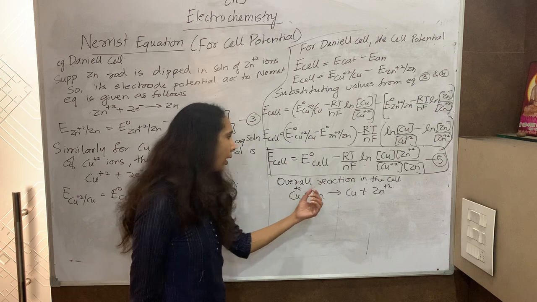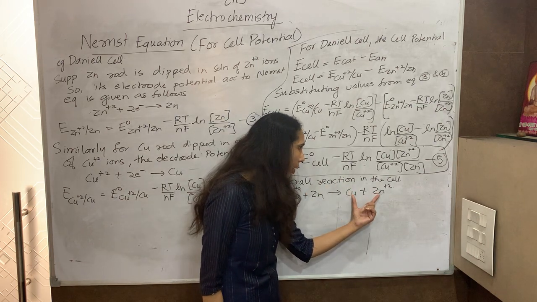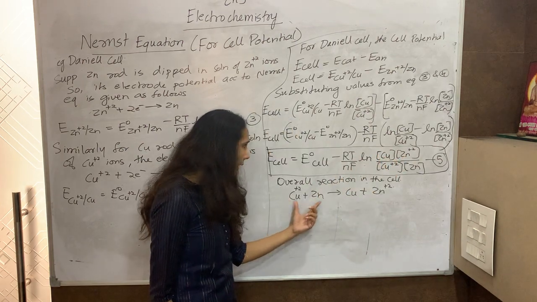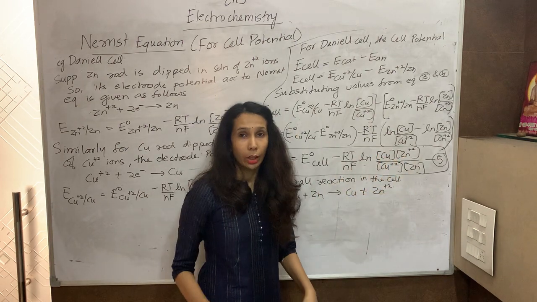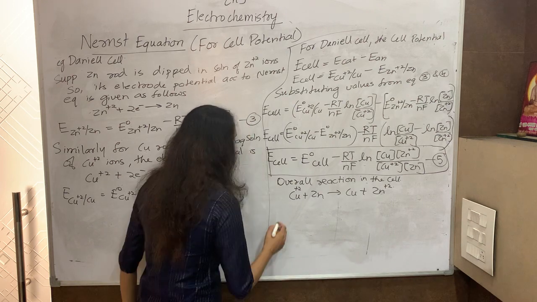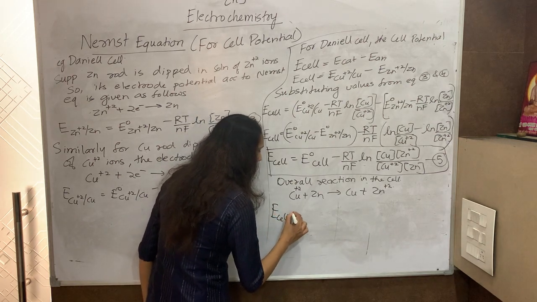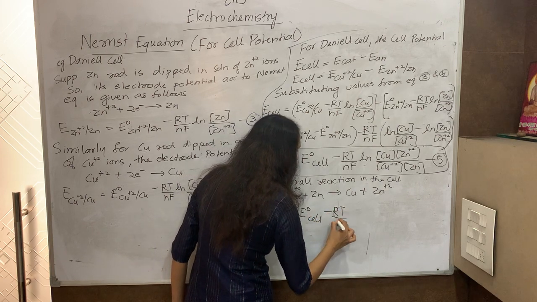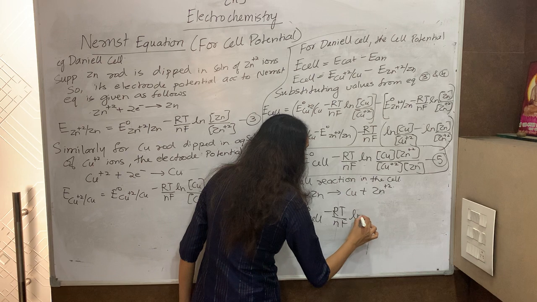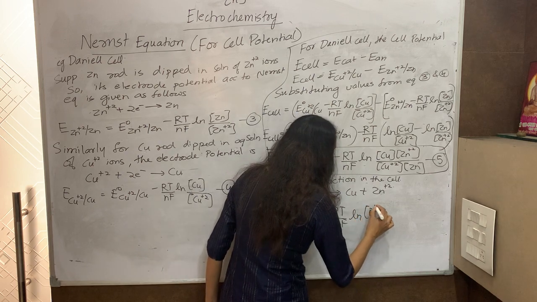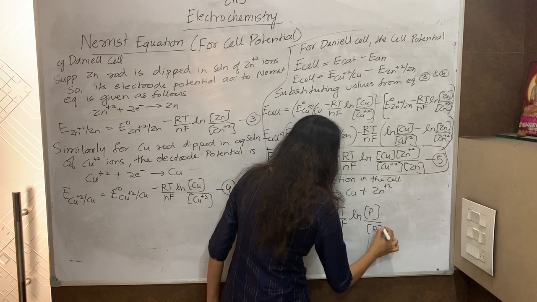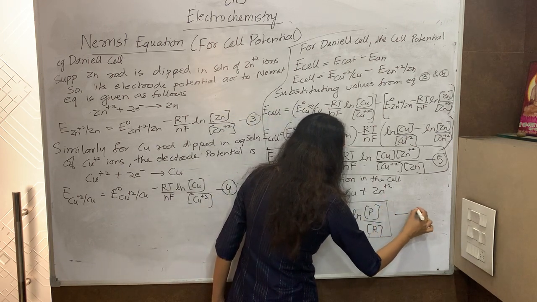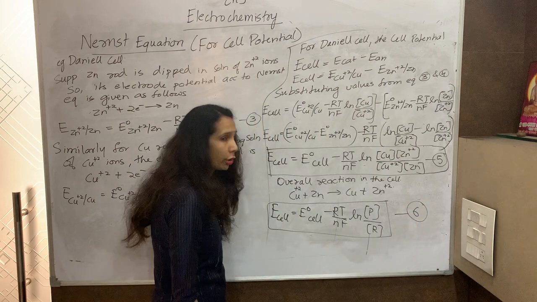You can see the products are copper and Zn²⁺, and products are written in the numerator and the reactants are written in the denominator. So when I write the general equation, E cell is equal to E naught cell minus RT upon NF ln product upon reactant. This is your Nernst equation for cell potential.